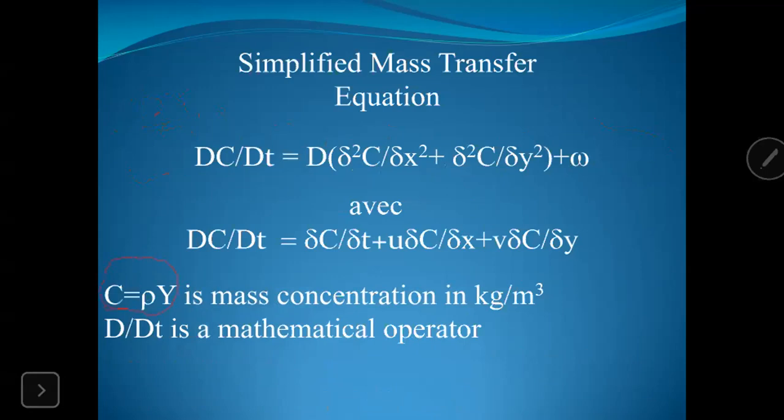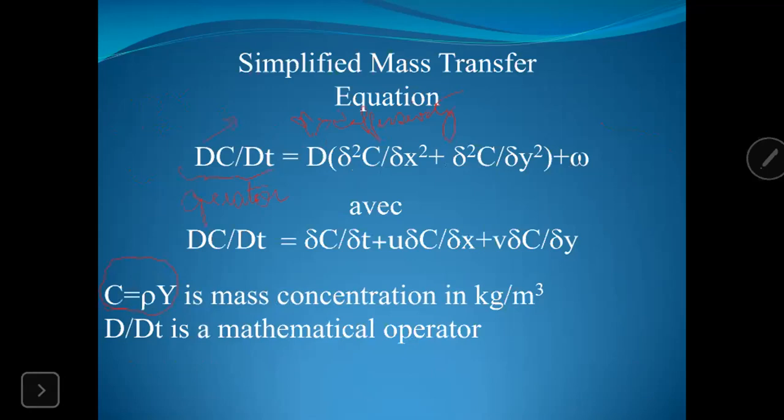Then I can write this equation under this form. It's an operator: dC over dt equals D, where D here is the diffusivity. Don't mix up this D with that D. Okay, D C over Dt is a mathematical operator.